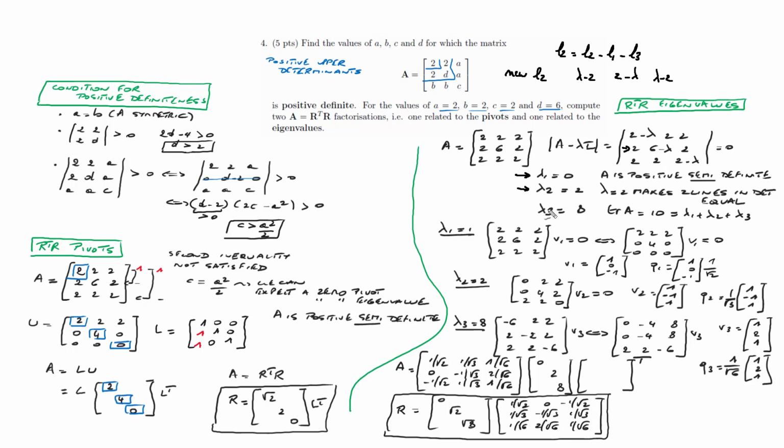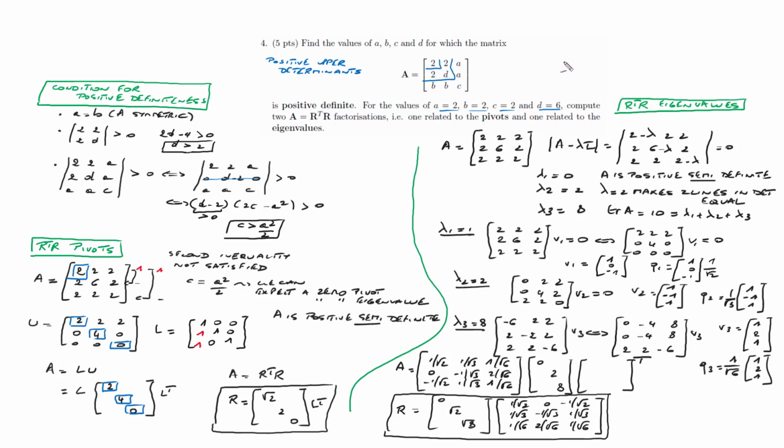Now it's easy to obtain the third eigenvalue because you see that the trace of the matrix is 10, right? And the trace is the sum of the eigenvalues. So this is why the third eigenvalue has to be 8. Once we have the eigenvalues, lambda 1, lambda 2, and lambda 3, we have to find the corresponding eigenvectors v1, v2, and v3.